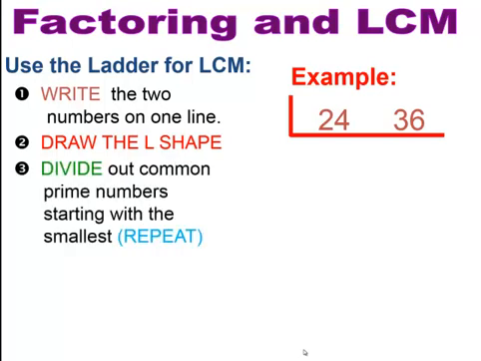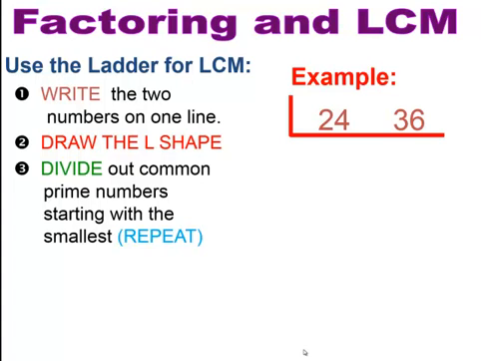The next step is to divide out common prime numbers, starting with the smallest. Looking at 24 and 36, I want a common prime number that will divide evenly into both. Because they're both even, 2 will divide evenly.